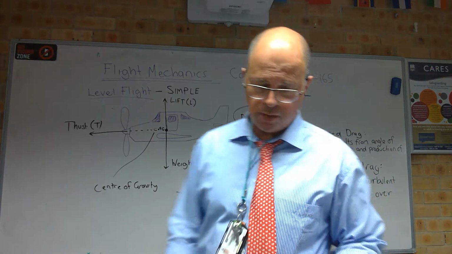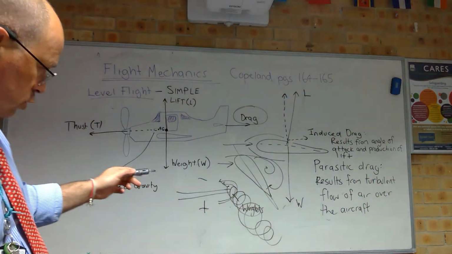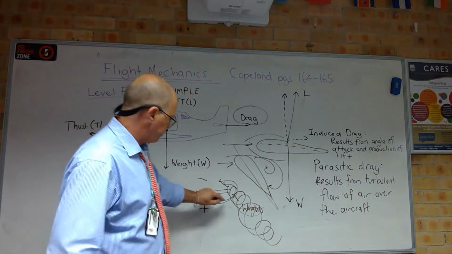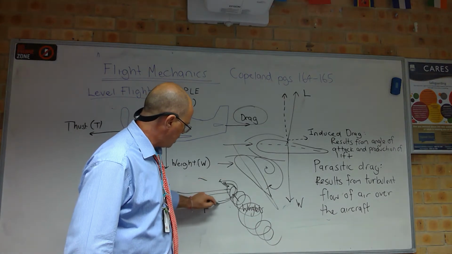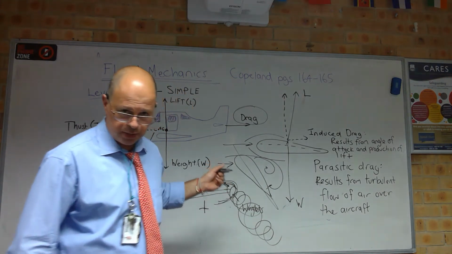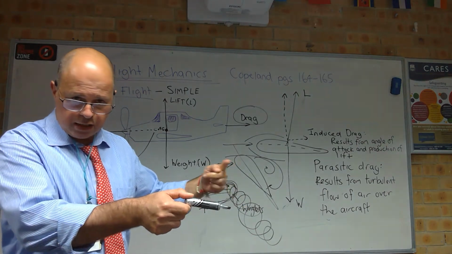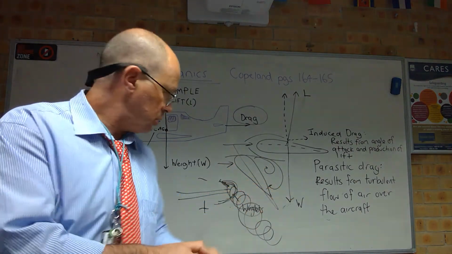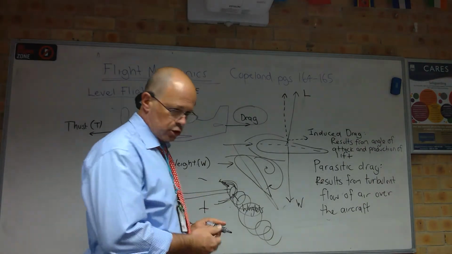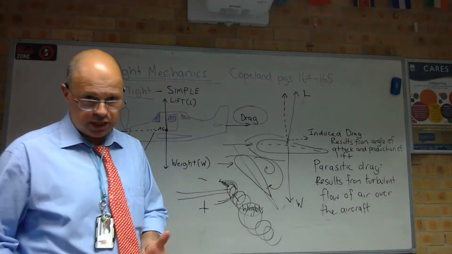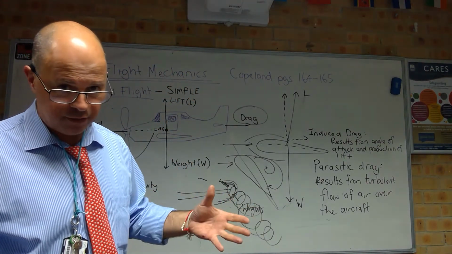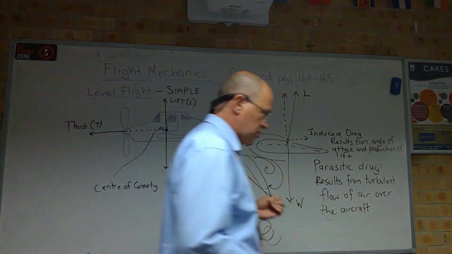Coming off the edge of that wing, and that is caused by that leaking of the higher pressure air over the wing as it's passing forward. So as it's passing forward, air is leaking over and it's creating a wingtip vortex, it's called. And that wingtip vortex is turbulent flow. It's not streamlined flow. So it's parasitic drag as well.